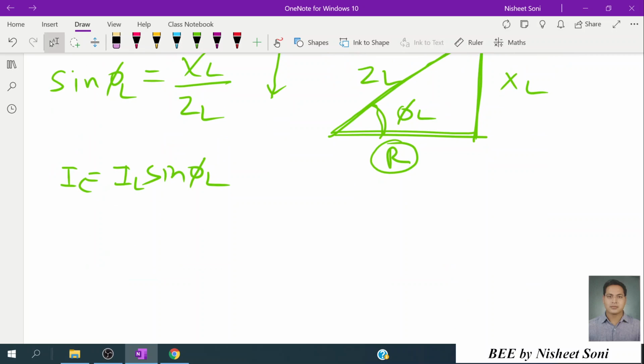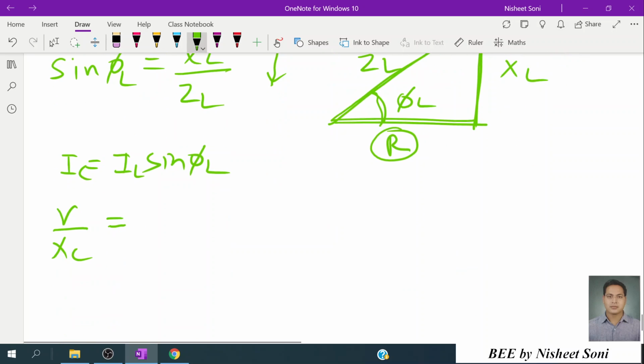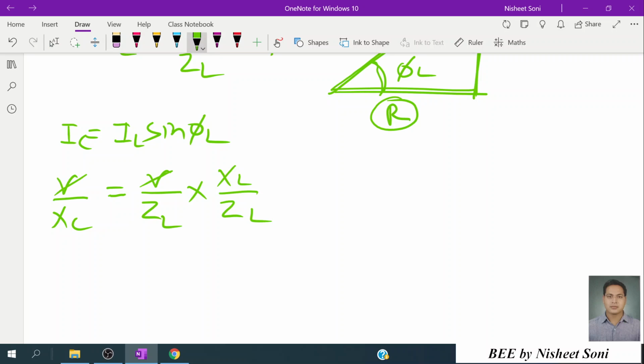IC will be V by XC, then IL will be V by ZL into sin phi L, and sin phi L is XL by ZL. Now V can be cancelled out, and simply we can write that XL into XC is coming to be ZL square.